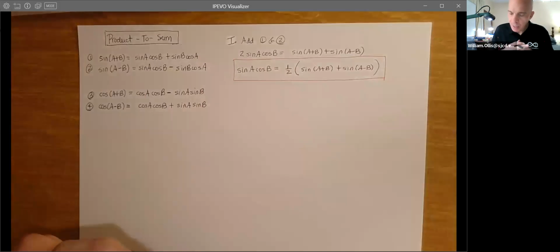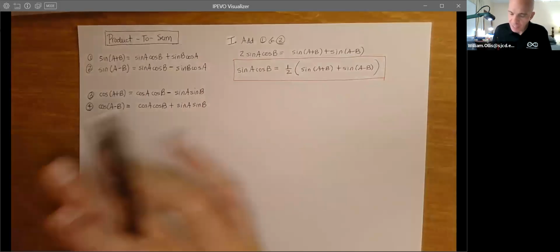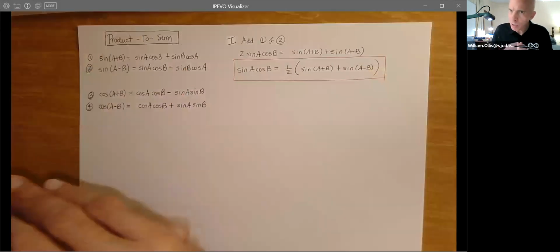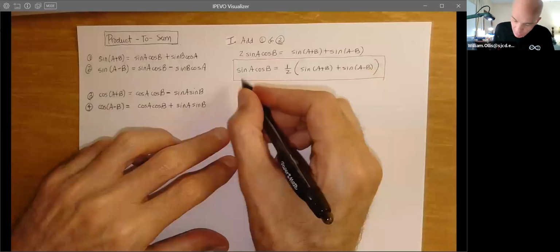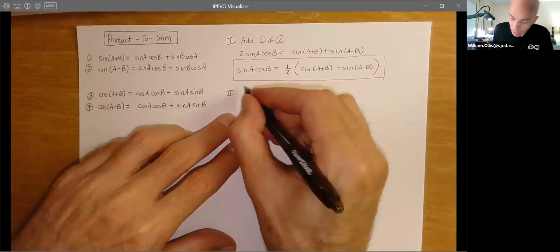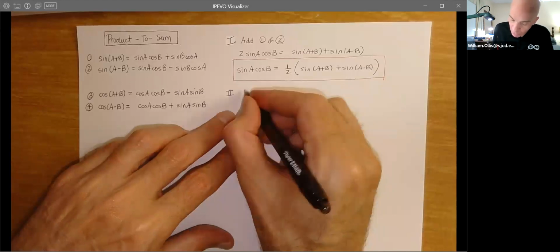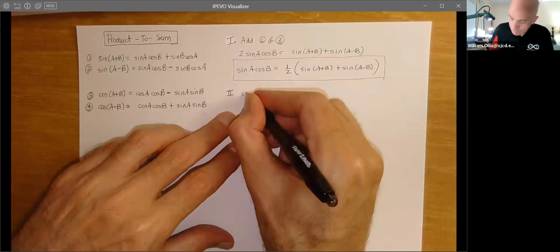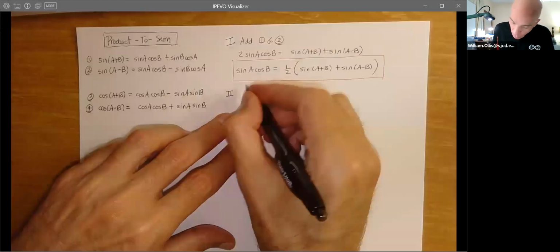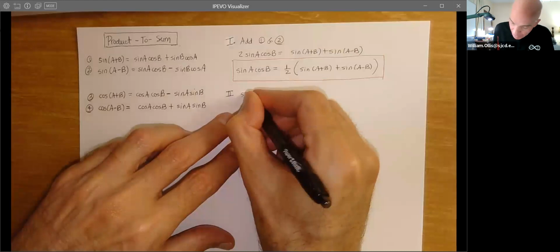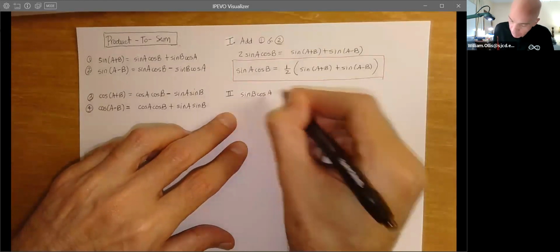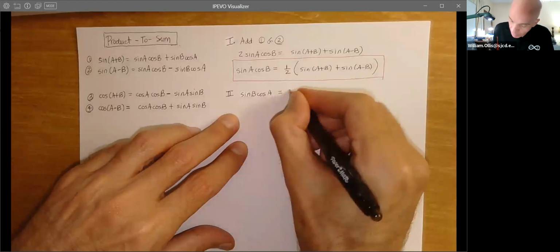Okay, well, you're thinking, can I just mix and match here, just flip the A and the B around? Yeah, we're going to be lazy. So for the second one, I'm not going to add, I'm just going to flip them around. So in this case, what if we wanted, let me write it this way, sine B cosine A. You want to flip the A and the B. So this will be 1/2, just be lazy.